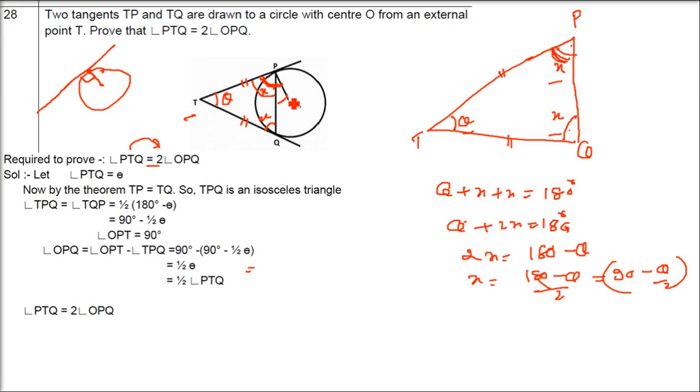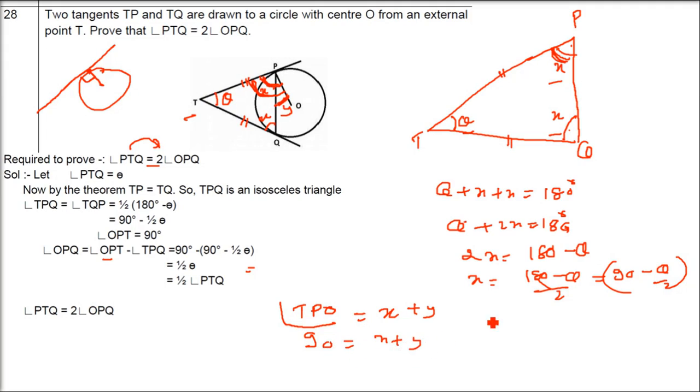This angle is x, which we have found. So angle TPO, or OPT, equals x plus y, where x is angle TPQ and y is angle QPO. But this whole angle is 90 degrees, as I just told you.